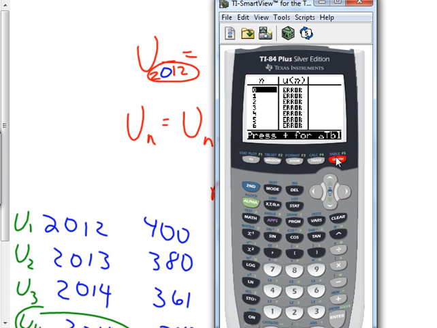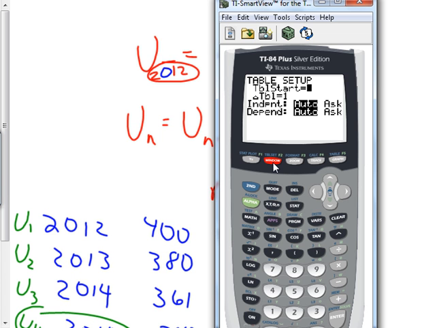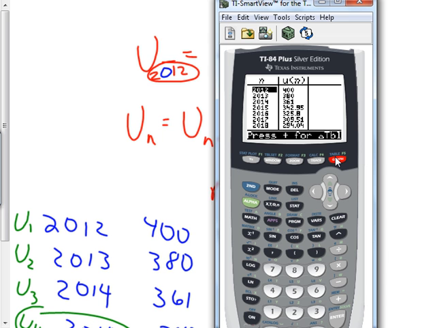It starts at the year 0 and the year 1 and the year 2. So I go to table settings, which is right above the window thing. I change that to 2012 and I hit enter, and then I go to the table again, and now it brings me to the right spot in the table. See what I'm saying? All right, so that's pretty handy for solving real world problems if they give you a date, like a year. Okay.